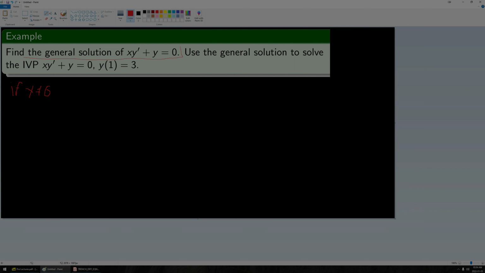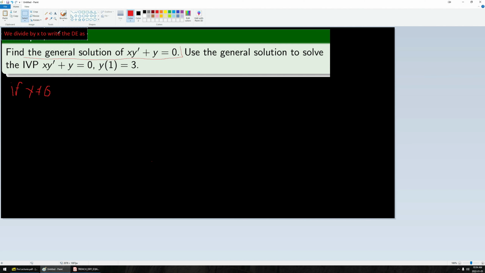So explicitly in words, we divide by x to rewrite the differential equation as, well, what would it simplify to? This would simply be y prime plus y, all divided by x, is equal to 0. Notice if x is equal to 0, this equation simplifies to y is equal to 0, which is just the trivial solution. So really, throwing out this case doesn't actually hurt anything in trying to find this general solution.